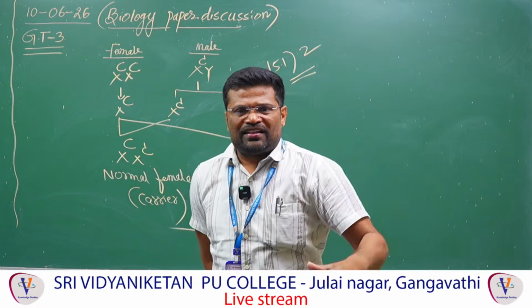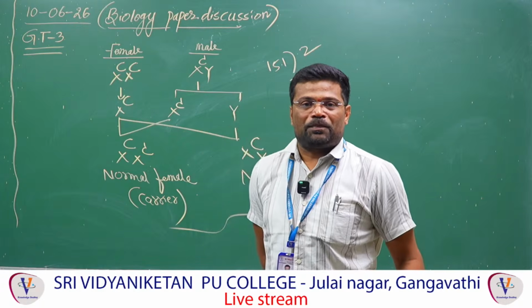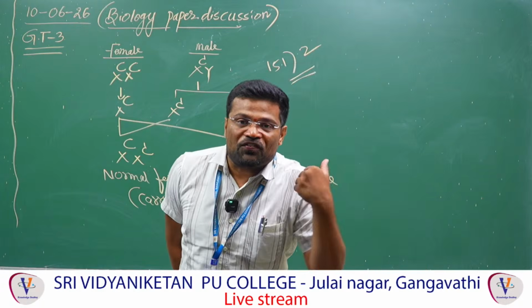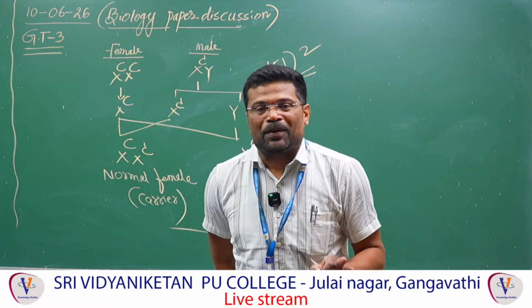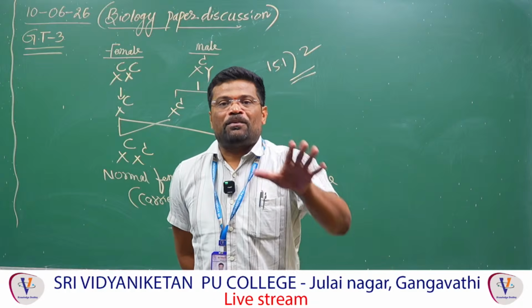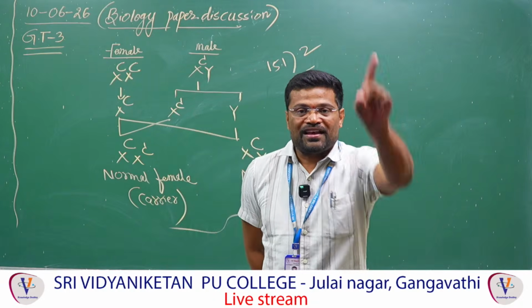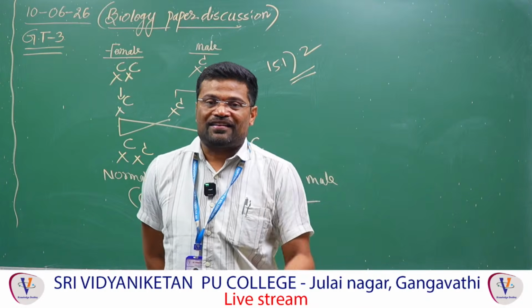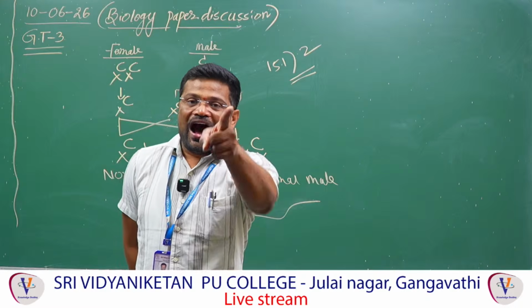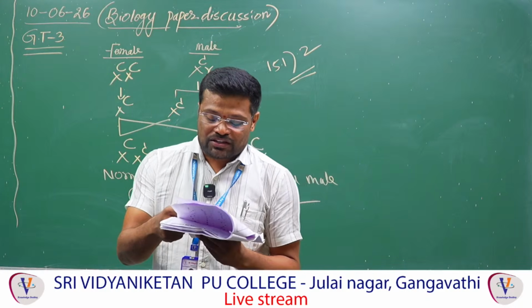Organism 1 can perform successful reproduction and produce fertile offspring. But organism 2 cannot perform successful reproduction and cannot produce fertile offspring. Here nature selects the organism with high reproductive fitness, but rejects the organism with low reproductive fitness. So statement 1 is correct.